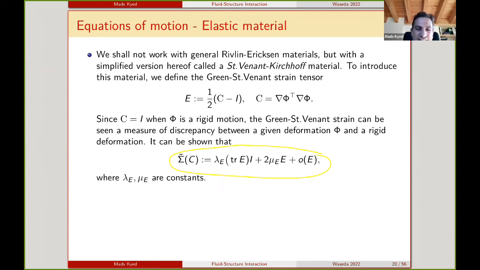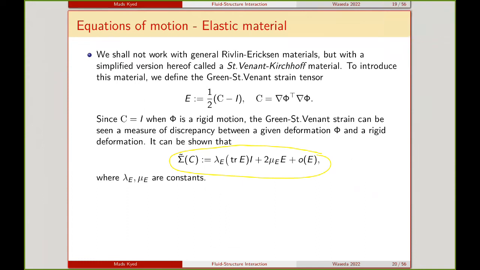Now, this E is something we can relate to from a physical perspective, because it is a kind of measure of how far away the strain is from a rigid motion. Because when the deformation is just a rigid motion, so not a real deformation, just a translation or rotation of your body, in this case, the strain C is the identity matrix, and the Green-Saint Venant strain is therefore 0.